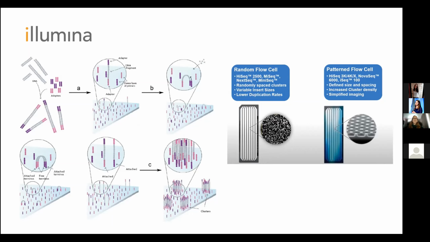In a patterned flow cell, this is avoided because the nanowells are at a constant distance from each other. So they're less susceptible to overloading and more tolerant to a broader range of library densities.